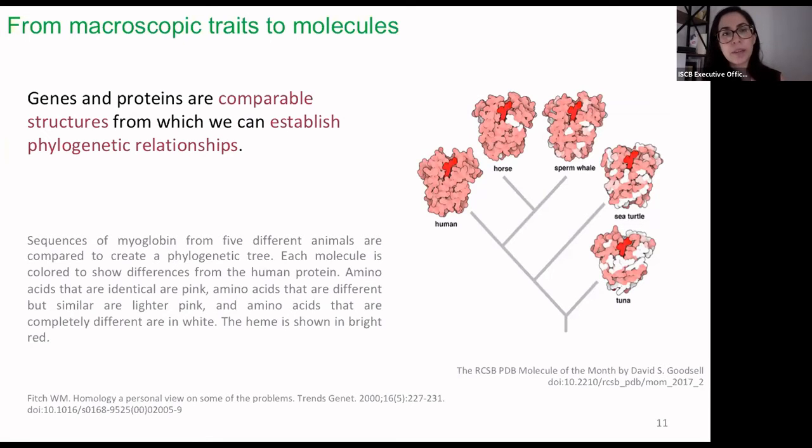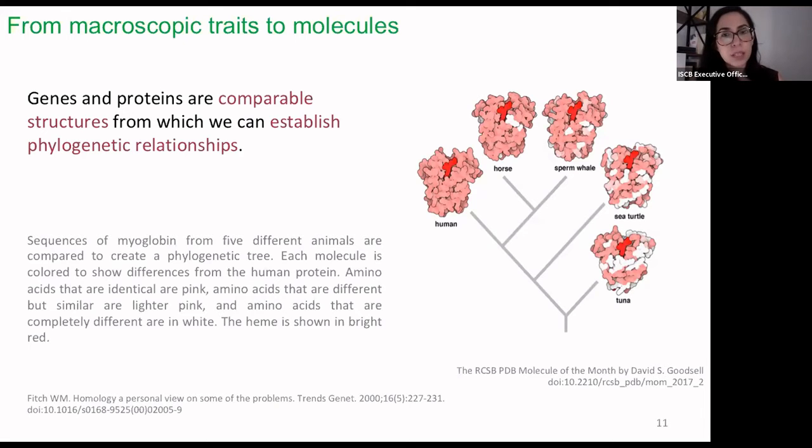So in here I have a figure that represents a phylogeny that was calculated from sequences of myoglobin from 5 different animals. So just as we can trace back the history of relationships using the bones of vertebrates, we can take their molecules and we can also give a hypothesis of their relationships.